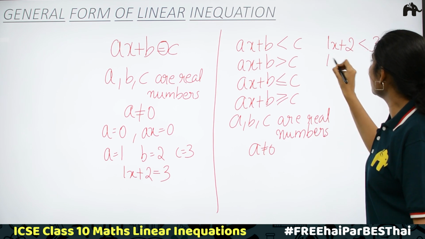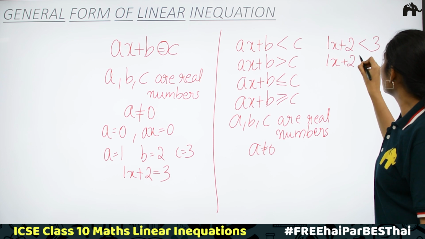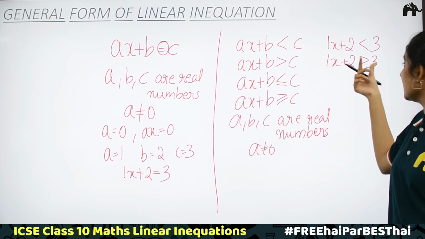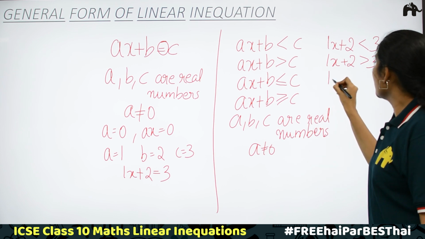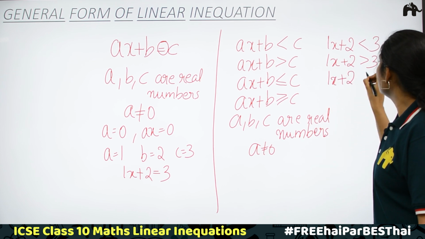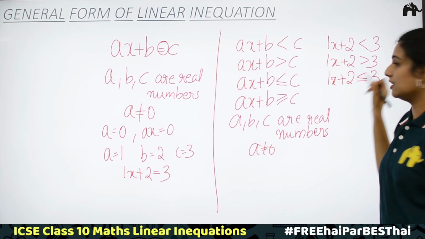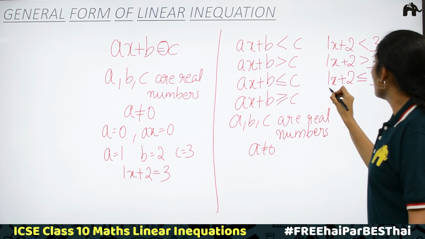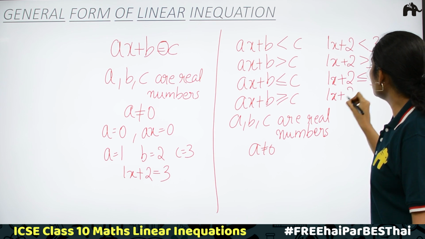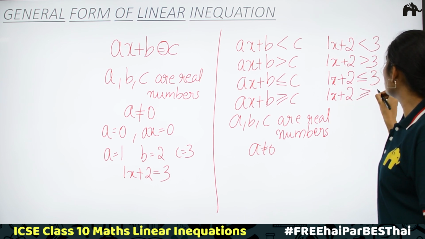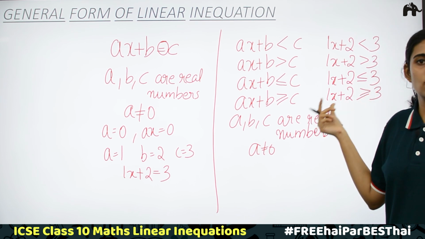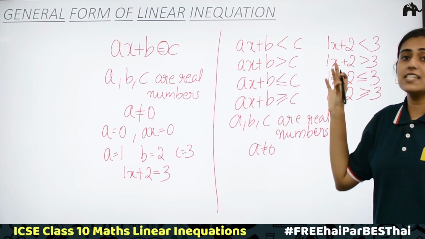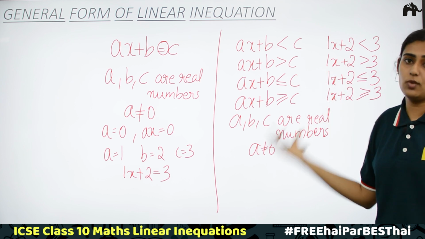Second, 1x + 2 > 3, using the inequality greater than. 1x + 2 ≤ 3. Here the inequality is less than or equal to. 1x + 2 ≥ 3, when greater than or equal to is used. Got the idea? This is how the general form of linear inequation is.